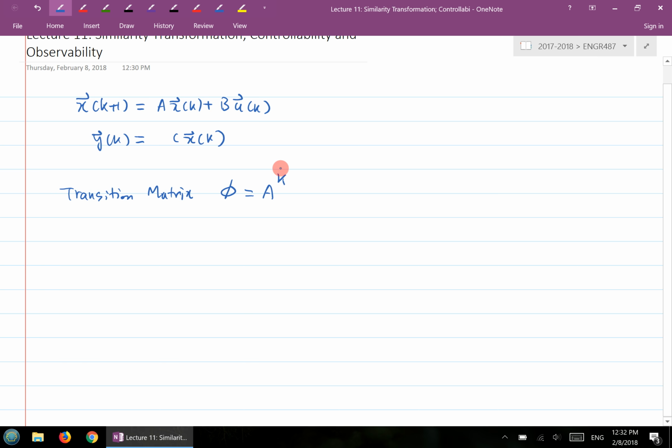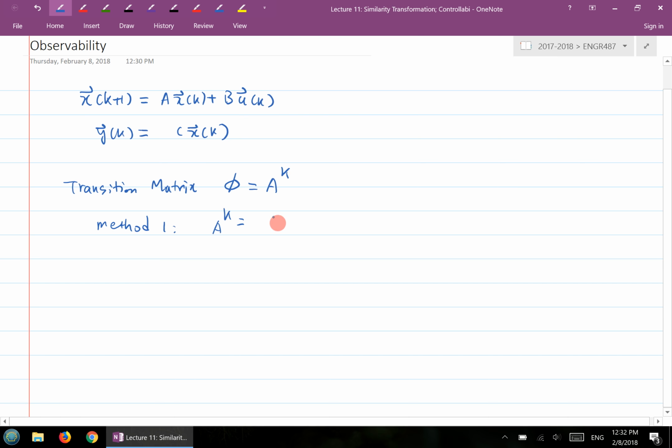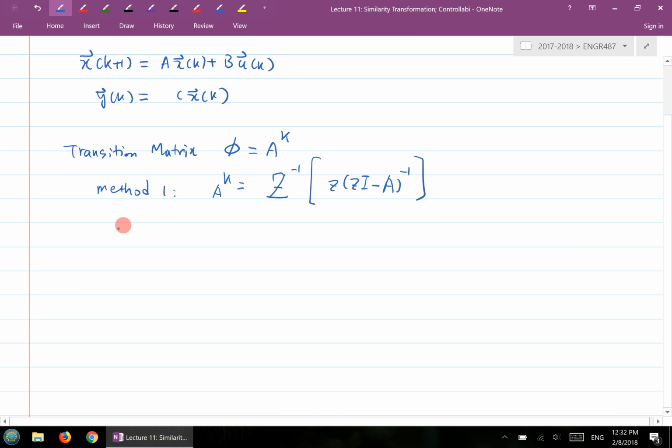That transition matrix was defined from the solution of this discrete system. We showed that in order to calculate this transition matrix A to the power of k, the first method is essentially taking the inverse z-transform of this expression. So that's the first method for calculating the A to the power of k transition matrix.